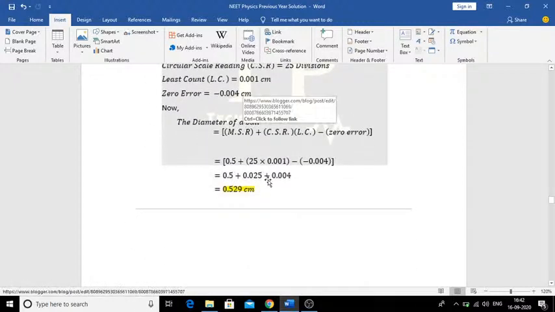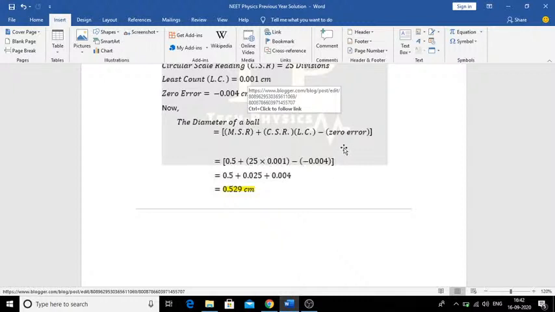Now the diameter of the ball, or whatever measurement you are taking through your micrometer screw gauge, is written as main scale reading plus circular scale reading into least count minus zero error. Here main scale reading is 0.5, we know circular scale divisions are 25, and least count is 0.001 centimeter.